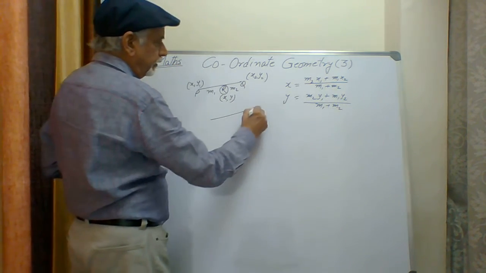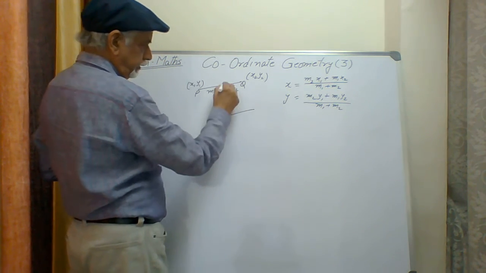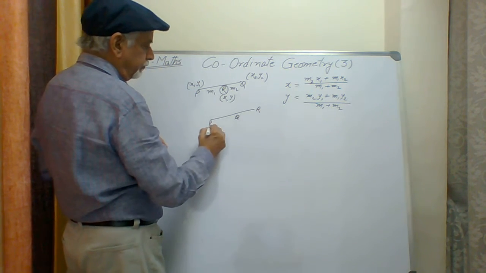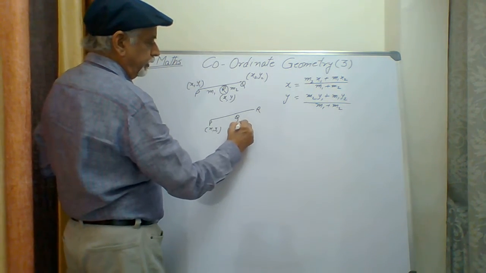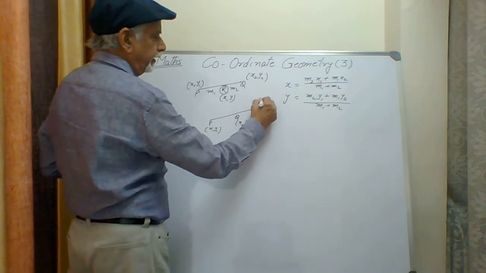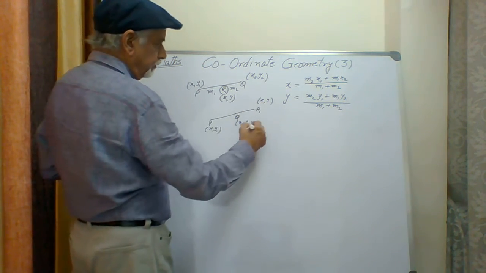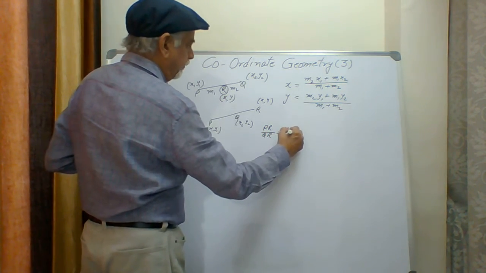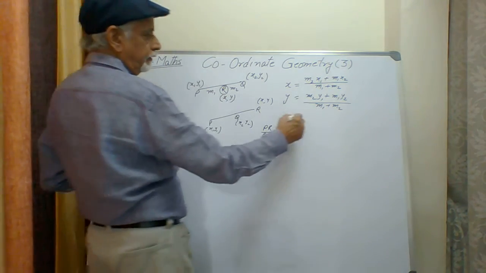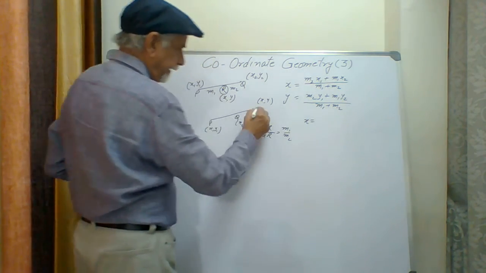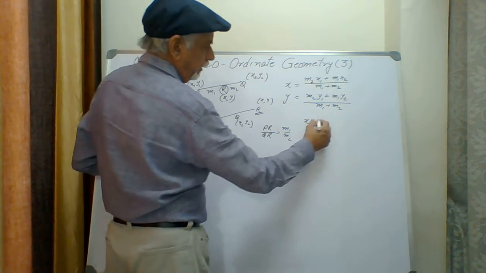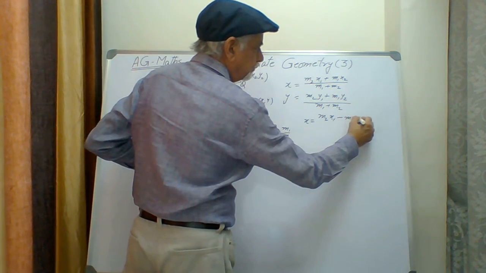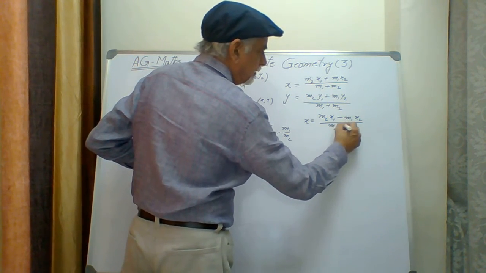Now it can happen that the point is not inside, the point is here, outside the join of 2 points. If it is x1 y1, x2 y2 and this is xy, again in the ratio PR is to QR is M1 is to M2, then the x coordinate of this point R will be M2 x1 minus M1 x2 by M1 minus M2.